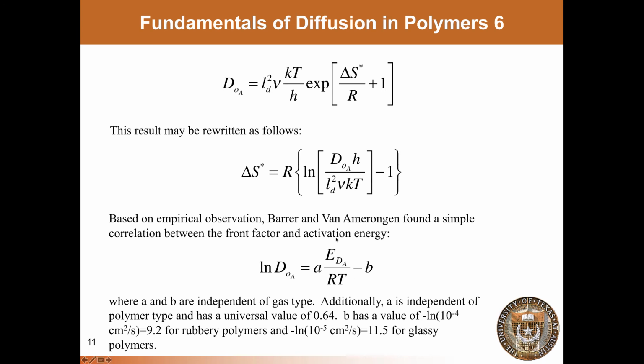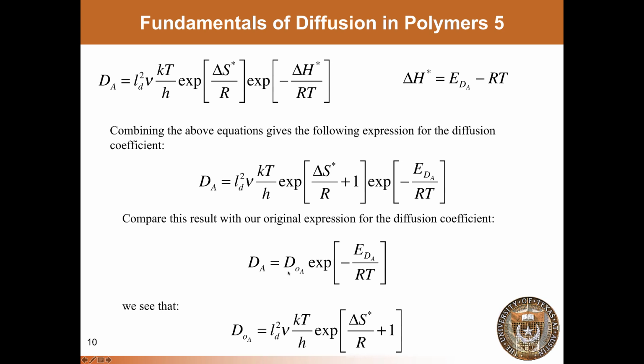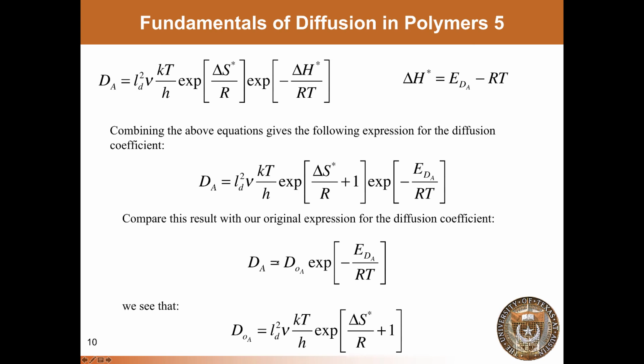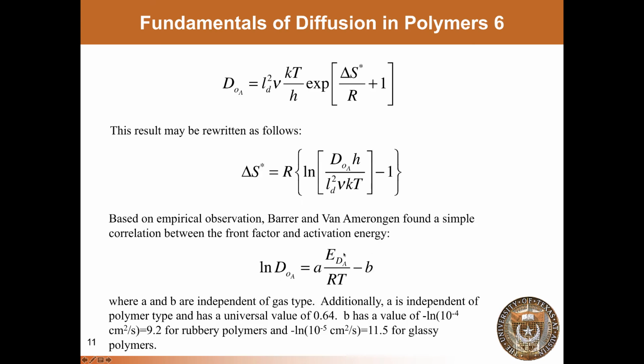It turns out that the two parameters that appear in the activated state theory, that is this front factor D0 and the activation energy ED, are not independent of one another. And in fact, Barrer and Van Amerongen found that there was a linear relationship between the activation energy of diffusion and the logarithm of that front factor, that is, between the logarithm of D0 and ED, that there's a straight line relationship between those two.